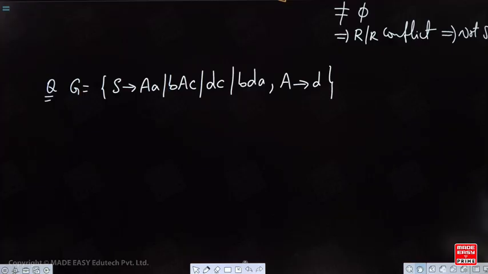Sir, which is the biggest chapter in CD? This syntax analysis only. I told you on day one, it takes so much time. More than 50% of the time will be allotted to this chapter because it is a lengthy topic. If you see the standard book, Compilers: Principles, Techniques and Tools, by Alfred V. Aho and Jeffrey D. Ullman, just try to open that and see the concepts.